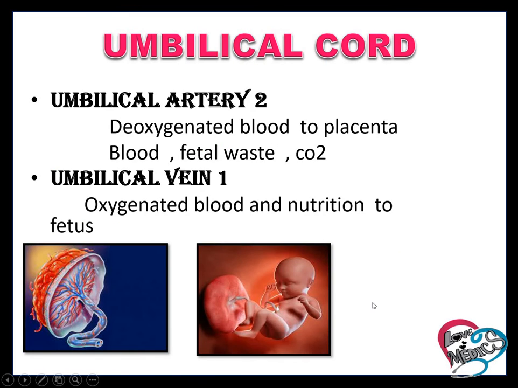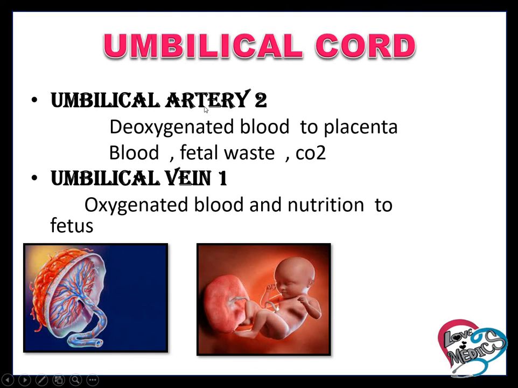What is the connection between mother and the fetus? That is the umbilical cord. The umbilical cord has two umbilical arteries and one umbilical vein. Normally, the artery carries oxygenated blood and the vein carries deoxygenated blood.